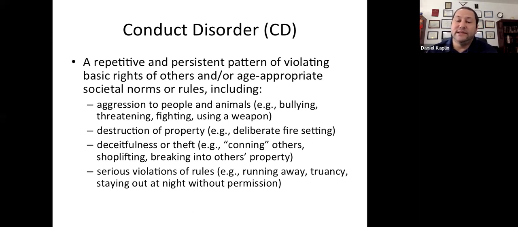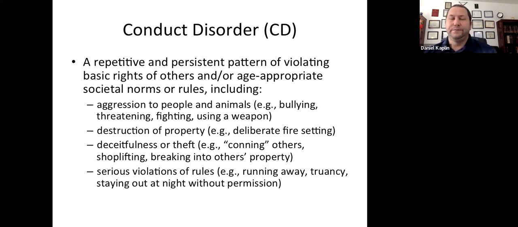You also tend to see destruction of property, whether it's in an attempt to intimidate, or sometimes it could be arson or fire setting. We also see deceitfulness and theft.